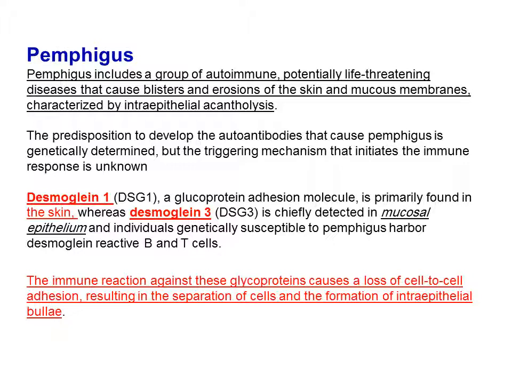The predisposition to develop the autoantibody that causes pemphigus is genetically determined, but the triggering mechanism that initiates the immune response is unknown. The pathogenesis of pemphigus includes the following: desmoglein.